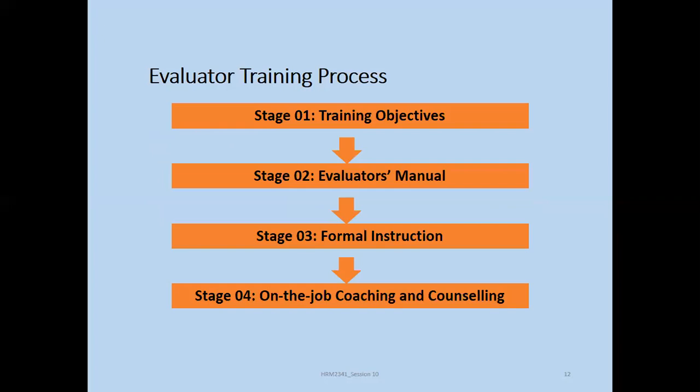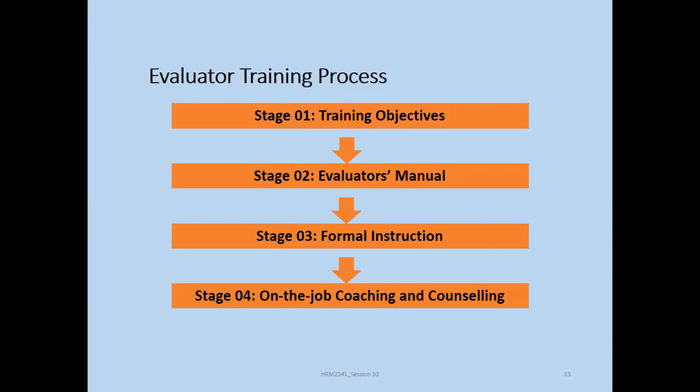The next, we move to the third intended learning outcome. It means the evaluator training process. Before moving to the evaluator training process, up to this point, we learn why performance training of evaluators is important, and then we move to the evaluator training methods.